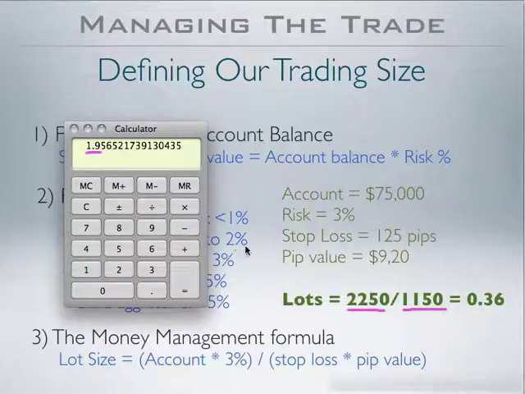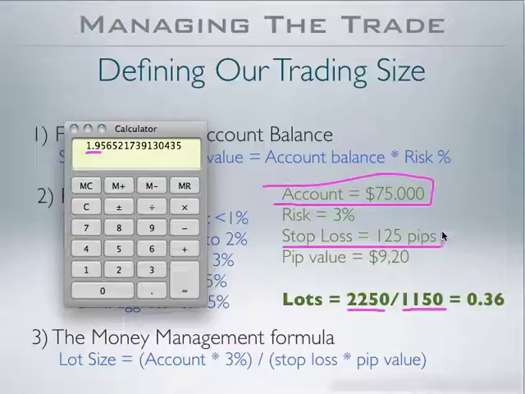Do you see how by adjusting our account size or our risk in pips, we are tweaking and altering our trading lot size in order to continue satisfying, no matter what, the 3% rule.